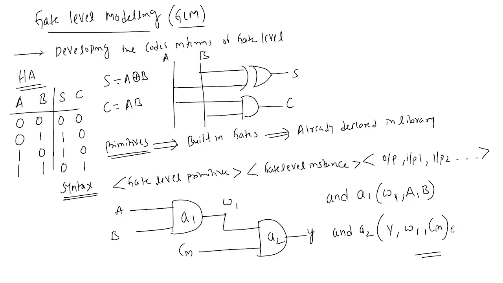Suppose an XOR gate is there, how to write it? This is my XOR gate with inputs A B and output Y. The gate level primitive is xor and the gate level instance is X1: xor X1 (Y, A, B). Like this you need to write.